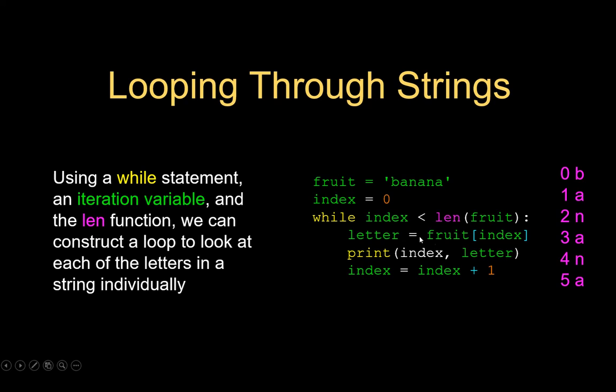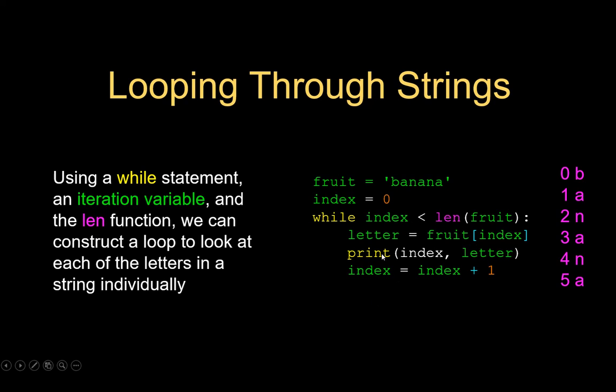So this while block will run 6 times, because at the end of the block we increase our index, so it runs for 0, 1, 2, 3, 4, 5, which is 6 times.